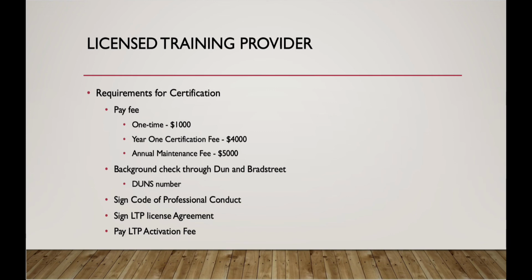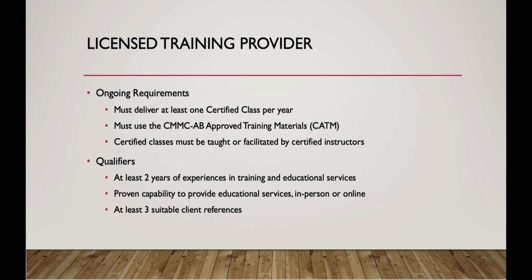DUNS number, professional conduct, many of the same things you've seen before as it relates to the other aspects of the CMMC. You must provide 1 certified class per year if you're going to be a training provider. People must have 2 years experience in training and educational services. And you must have 3 clients that can help you as a provider. So you have the publisher, and then you have a provider.